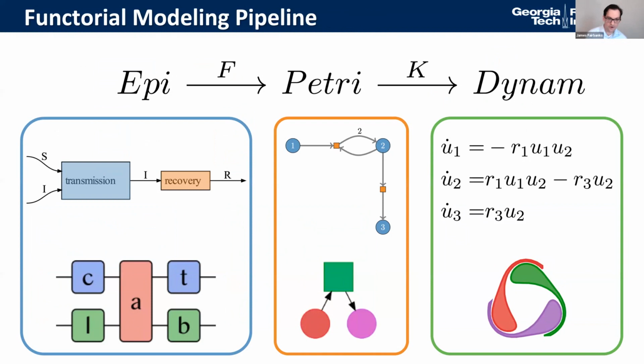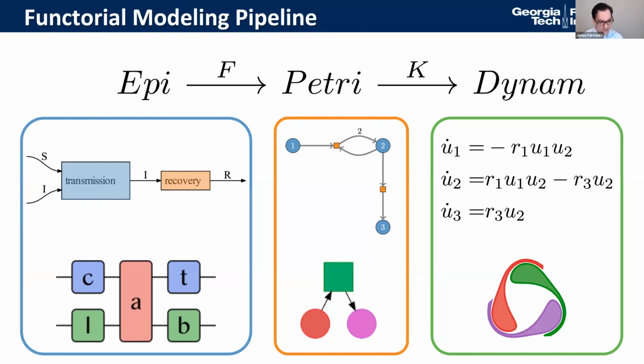So that gets us a map from EPI, which is our category of semantically meaningful epidemiological models, into Petri, and then into dynamics. And the image of FK is the set of dynamical systems that come from valid epidemiological models.